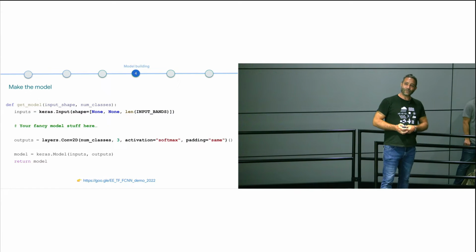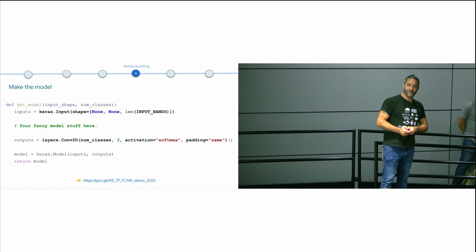OK. The important point that I want to make here is about the shape of the input and the shape of the output. Specifically, the input shape is going to be height by width by channels.